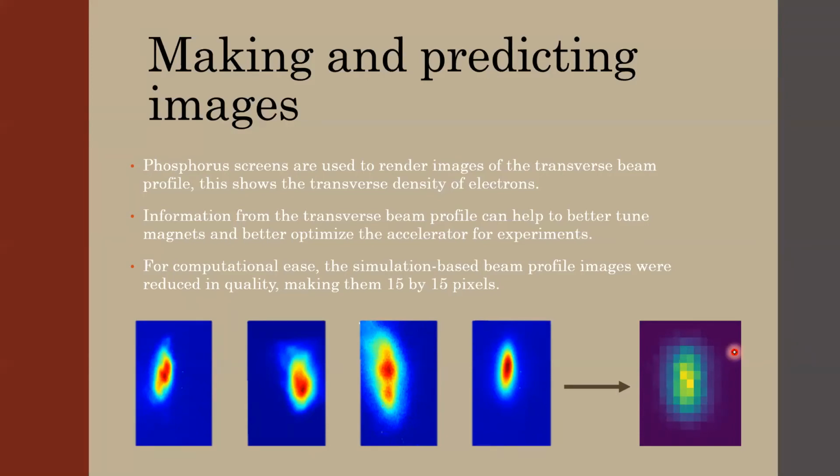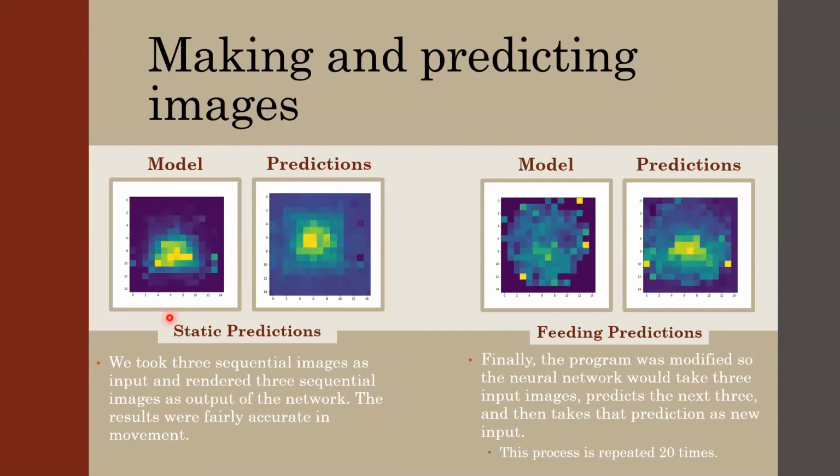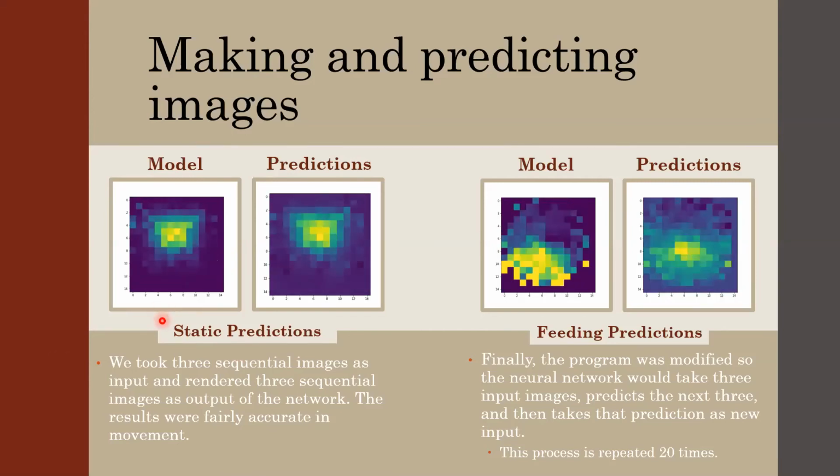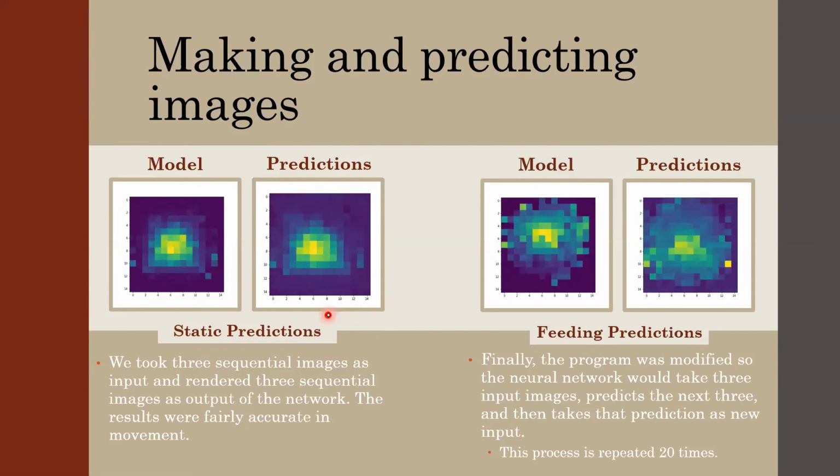These were our results. We did two types of predictions. The first one was static. We gave the model 3 images as input, and then the model gave us 3 images as output, predicting 3 images into the future.